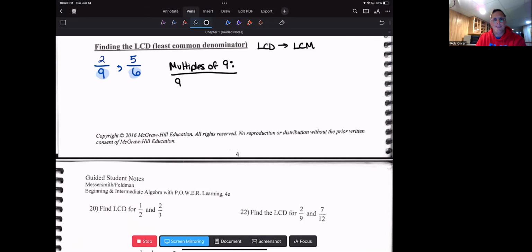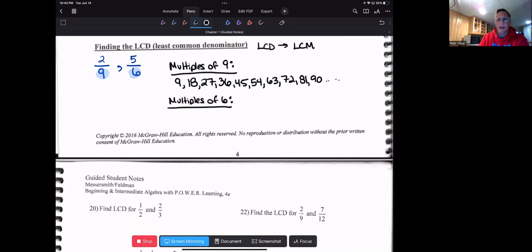Now I might pass the LCD during the process, but just to be thorough, I'm going to write down a whole bunch of them. So we have 9, 18, 27, 36, 45, 54, 63, 72, 81, 90, and if I need to continue, I will. All right. And then the multiples of 6 we'll do the same thing.